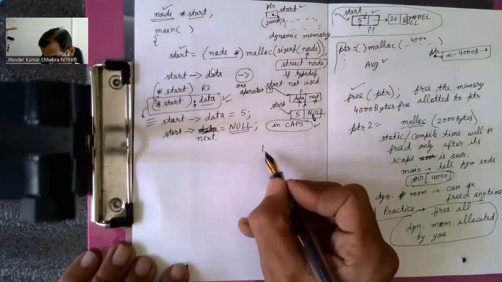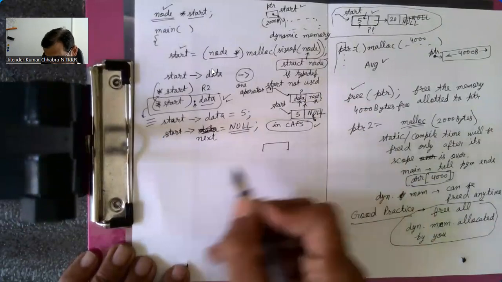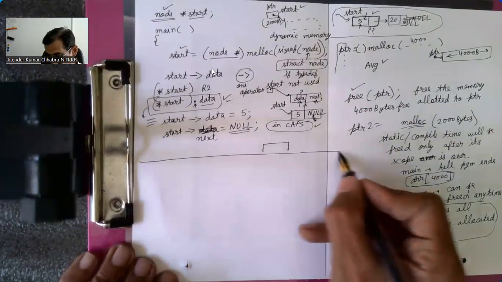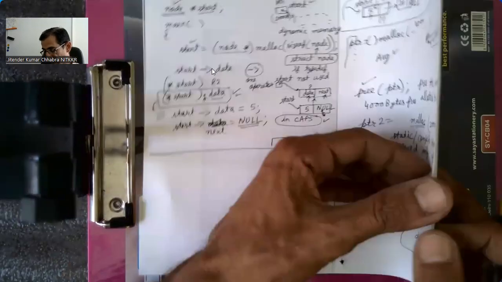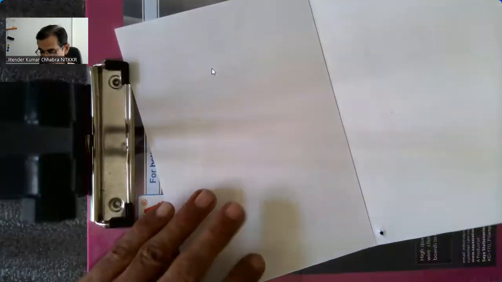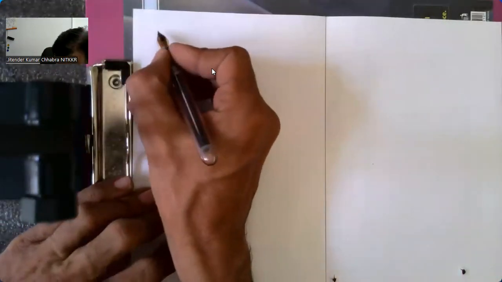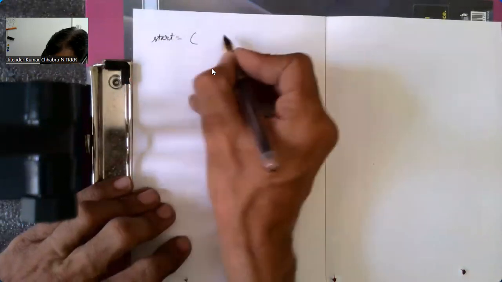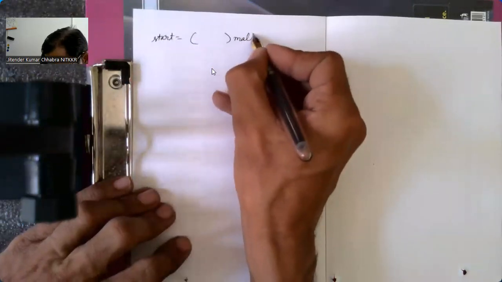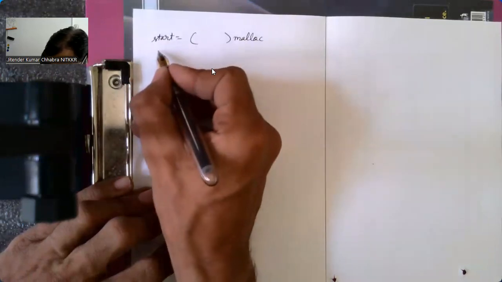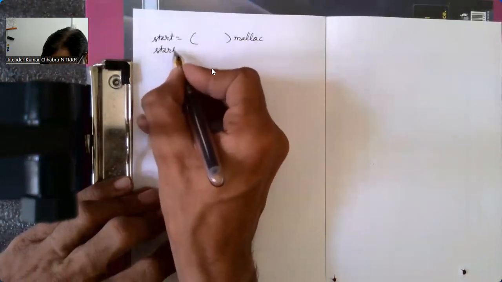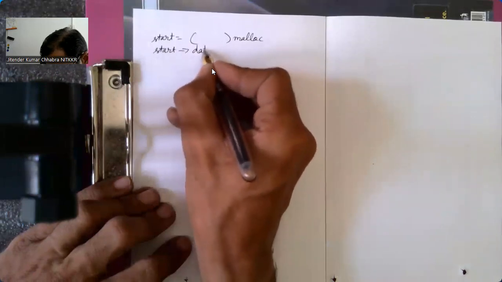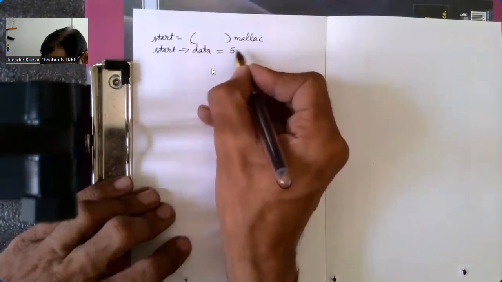So I will just now take a new page and explain there in more clear words. What I have understood now is currently I have start equal to malloc, and then I said start arrow data equal to 5.